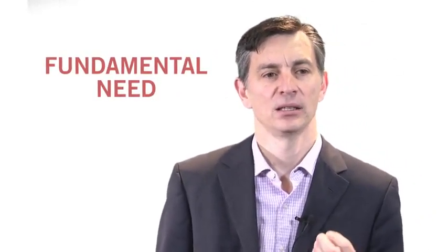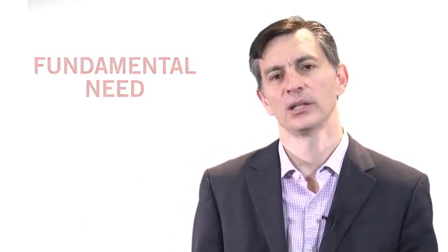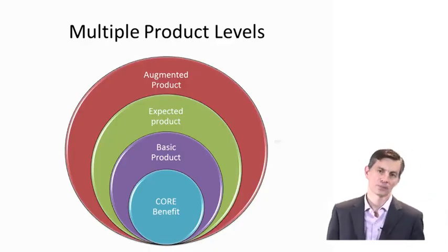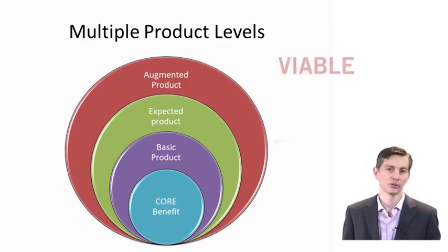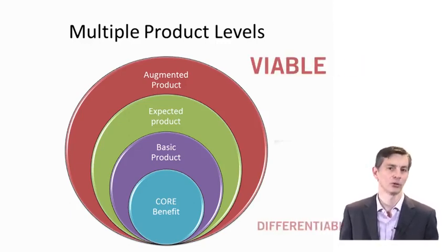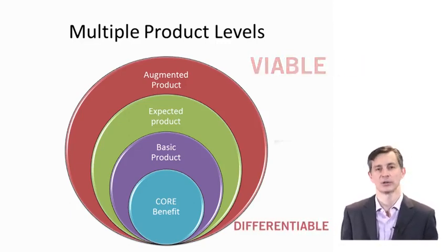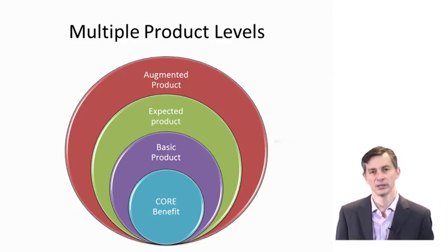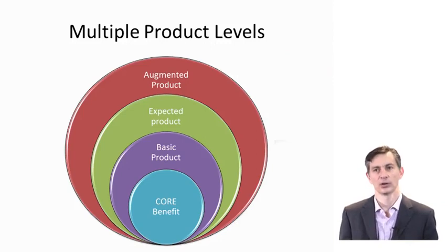At the very center is what fundamental need your customer buys the product for, meaning what fundamental need are you covering, and so that's the main product benefits. But in addition to that, you may need to come up with more product benefits to actually make it viable, differentiable, or even be able to market the product, as a lot of the products or services will not completely differentiate at the core.